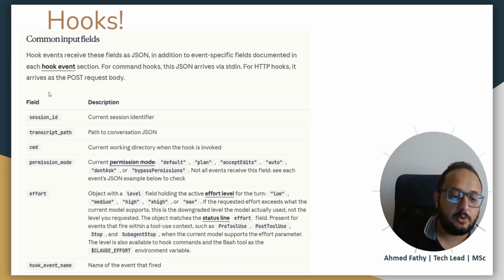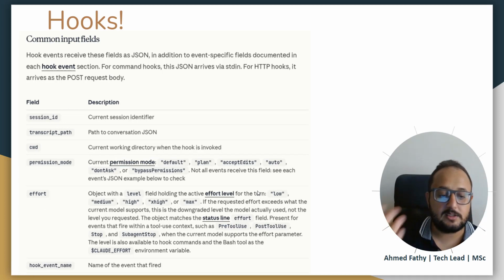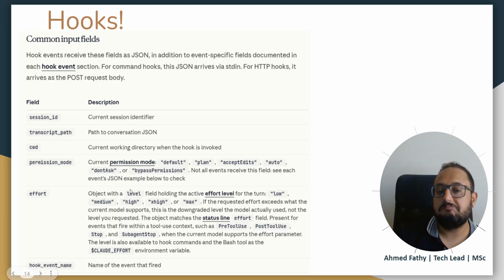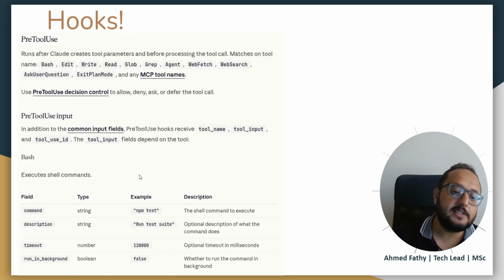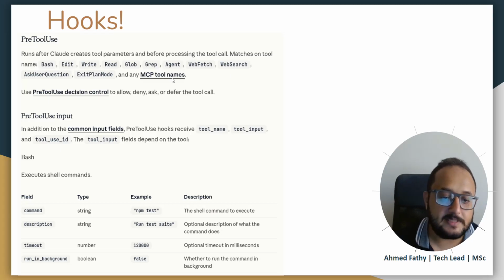In general, those sent to you by Claude Code for all hooks are session ID, transcript path, current working directory, permission mode, effort, like whether you are on low, medium or high thinking, and hook event name. But then for example, if you have the pre-tool use hook, which runs after Claude creates tool parameters and before processing the tool call, it matches on tool name: bash, edit, write, and so on, or MCP tool name.